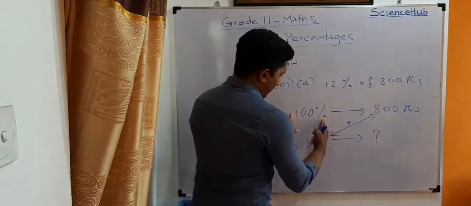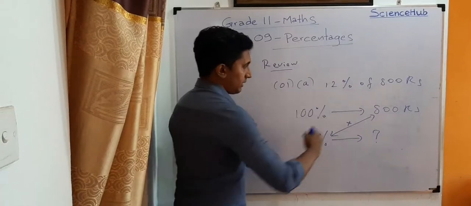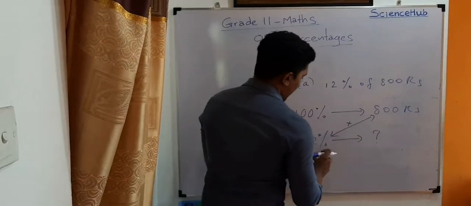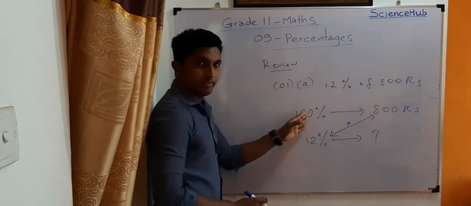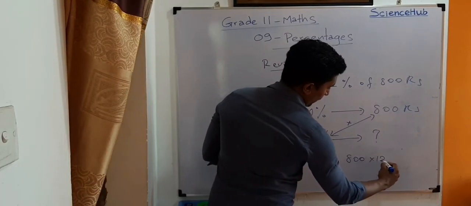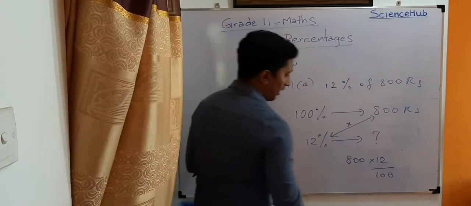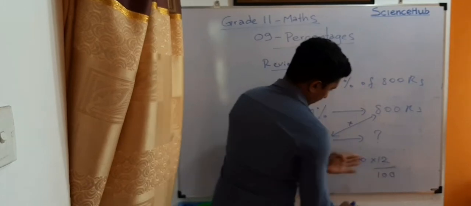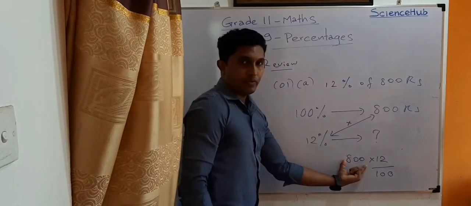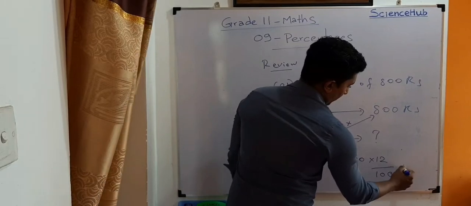If 100% is equal to 800, then what is the portion that should be equal to 12%? Then you multiply these two numbers together and divide by 100: 800 into 12 and divide by 100. So what is the answer?